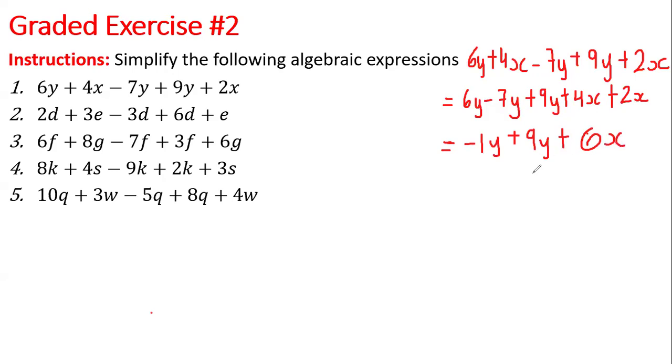Negative 1Y plus 9Y is going to be 8Y, plus 6X. Did anyone else get that? 8Y plus 6X. Yes, I got that.